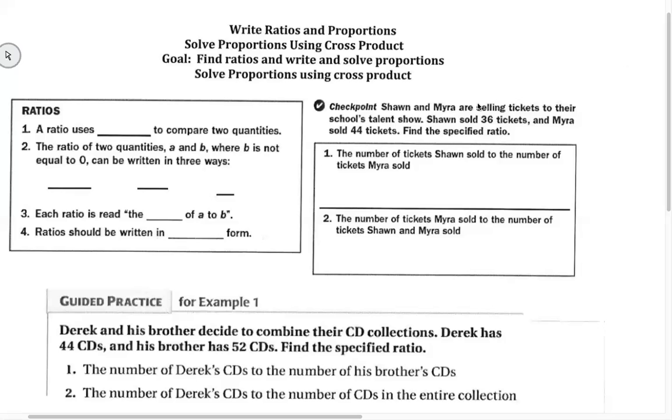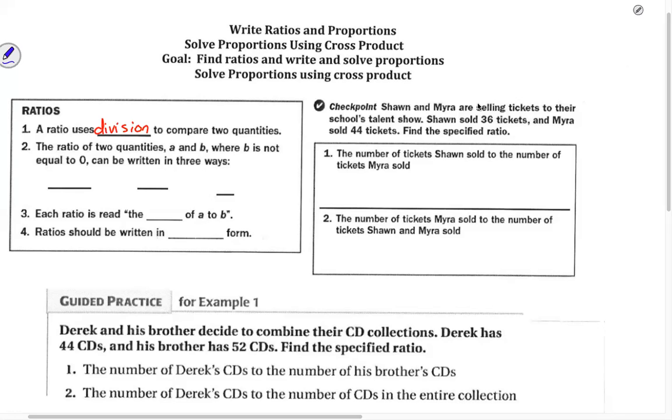So here we go. A ratio uses division to compare 2 quantities, or a colon. The ratio of 2 quantities, A and B, where B is not equal to 0, can be written in 3 different ways.